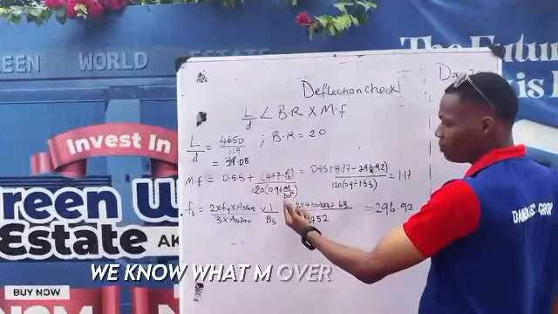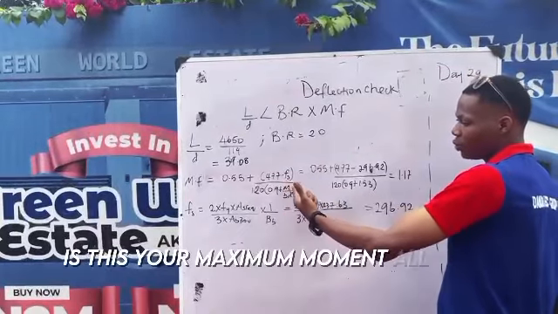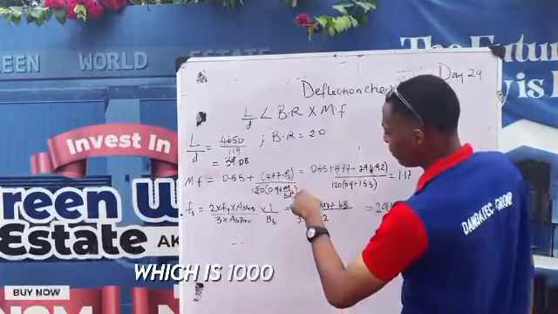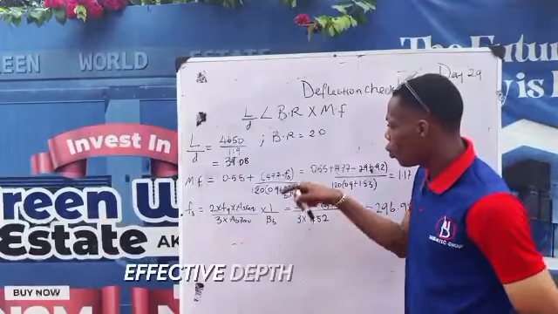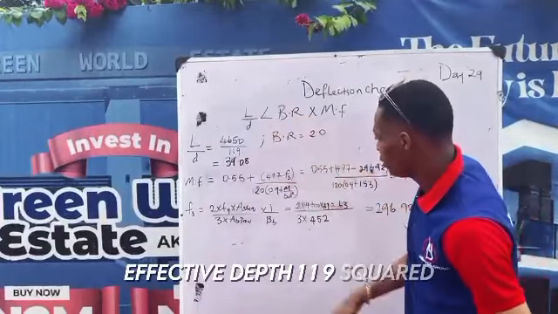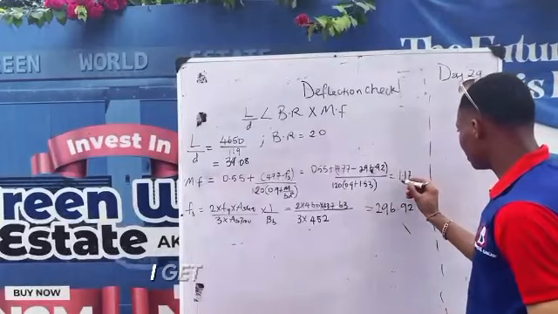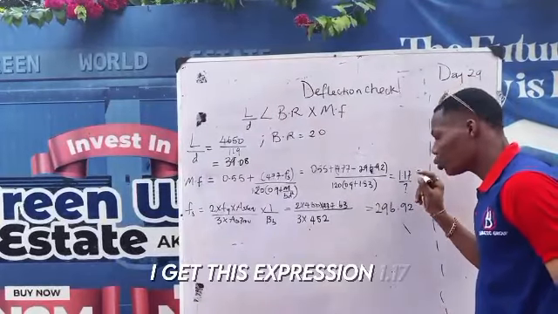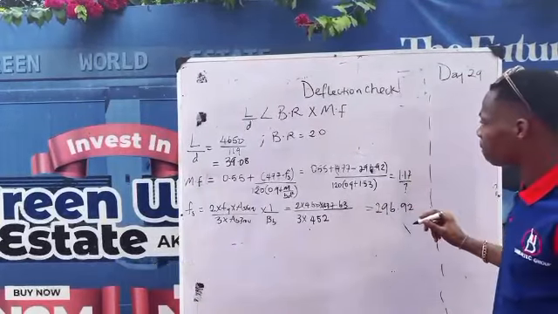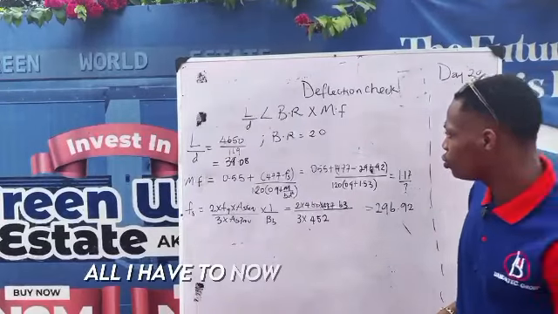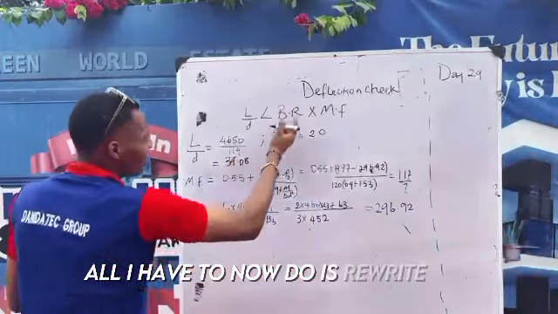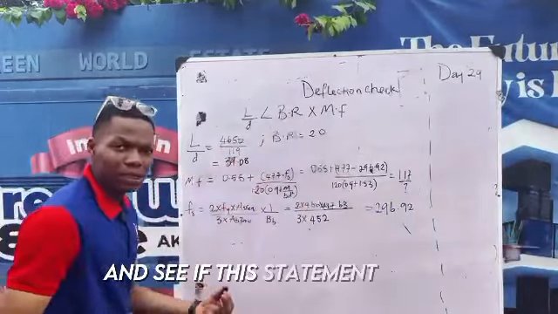I simply take this and I fix it back into this formula. We know what M over bd squared is. This is your maximum moment all over your breadth, which is 1000 by the same d effective depth, 119 squared. So by the time I have all of this in the formula and I compute, I get this expression 1.17, right? So all I have to now do is rewrite this and see if this statement is true.